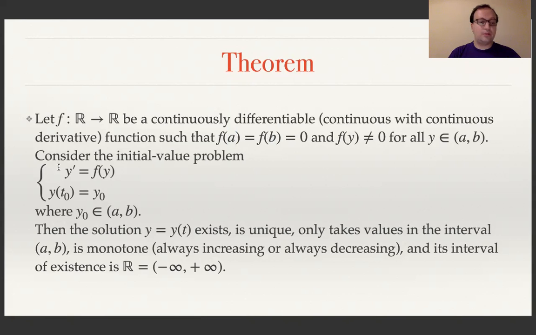Now let's consider a solution of the equation y prime is equal to f of y with the initial condition y of t0 is equal to y0, where y0 is a point between A and B. So the starting value of our solution is y0 in the interval between the two equilibria A and B. And the value of t0 is irrelevant.